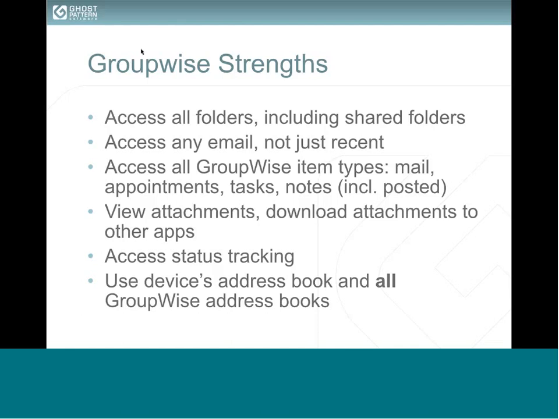You also have improved ability to interact with attachments. So when an attachment is on an item, for example, you can choose to view it, which is pretty easy using GroupWise Web Access Document Converter, or you can open the item, which basically means to download the attachment to your local device and choose to open it with another app.